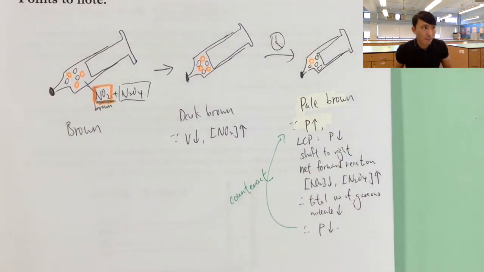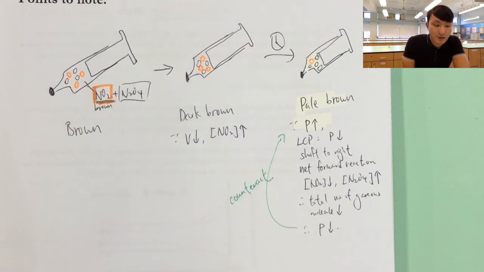So this is how it works. For this particular experiment, it is quite tricky because there are two changes occurring: the moment where the change is added to the system, and after the new equilibrium has been attained. There are two observations, so you need to pay attention to tricky situations like this.